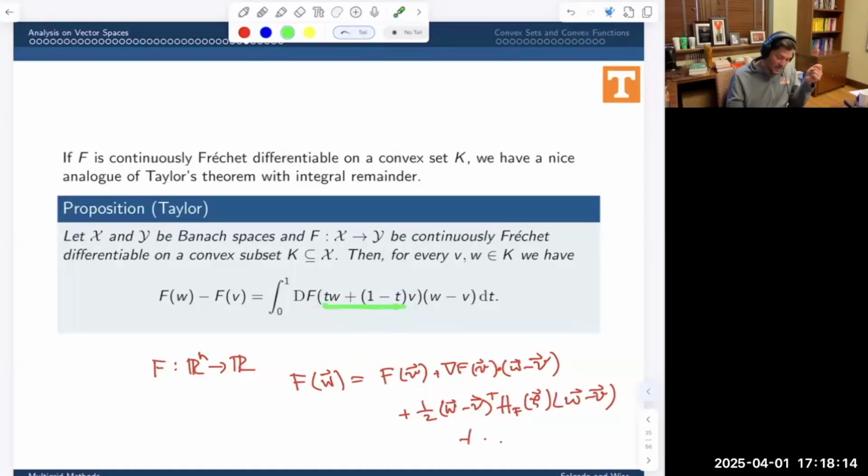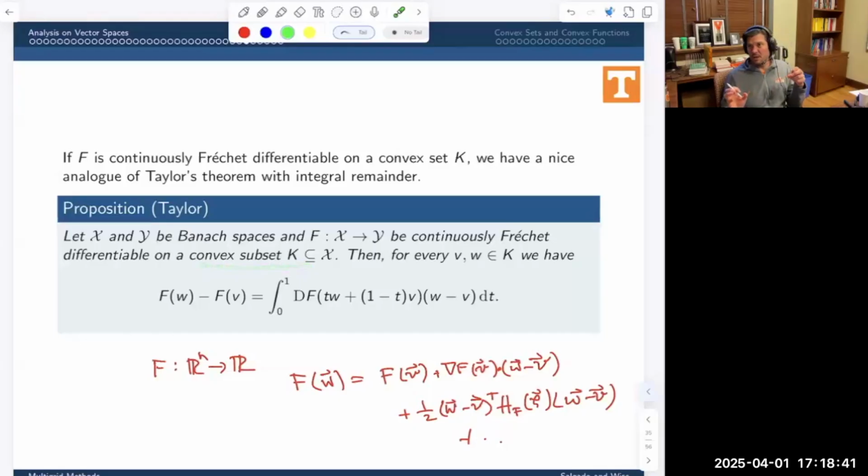And all of these points along this line have to be back in K in order for this derivative to make sense. If I didn't consider a convex set, then this point might be outside of K, and this wouldn't be differentiable anymore. Maybe it's not differentiable at that point outside of the set K. And so that's why I need to consider a set to be convex.